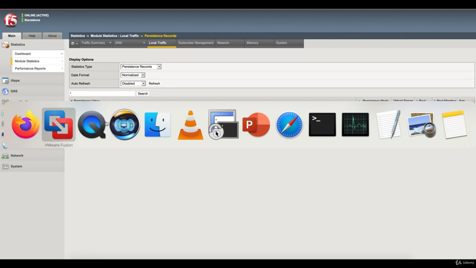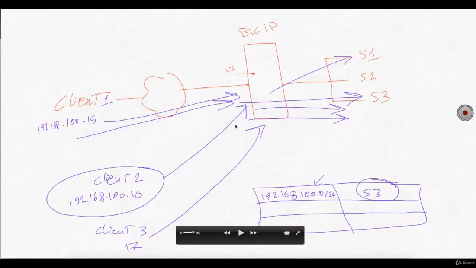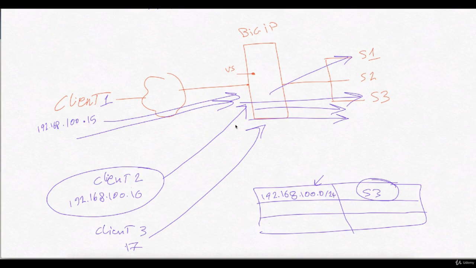The same applies to any other subnet mask you want to configure. Say, for example, if we configure the persistence on /25, those three IP addresses still fit in the same subnet.